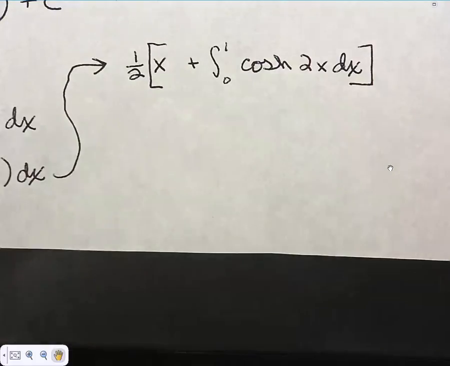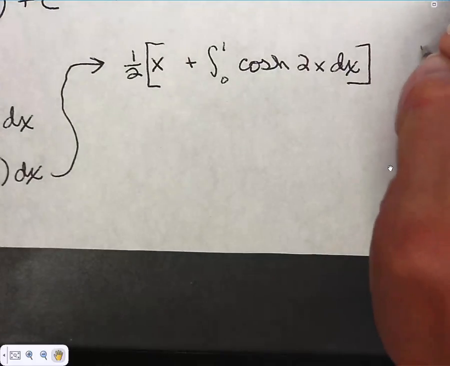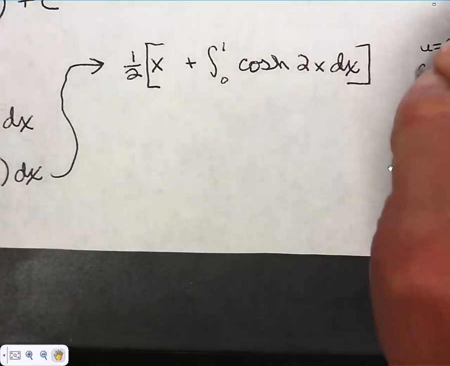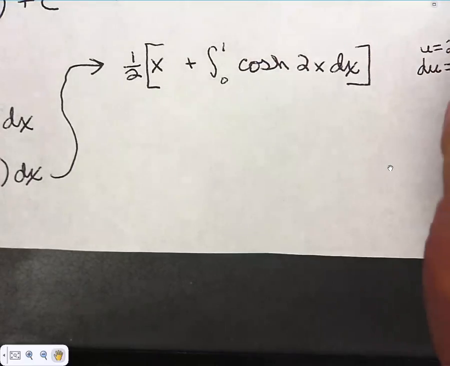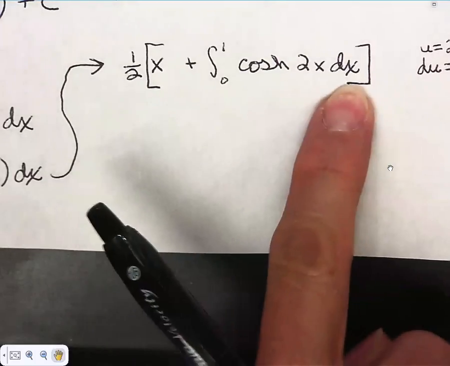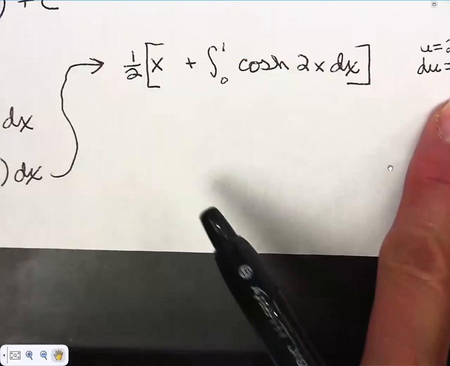All right, so you're thinking if u is 2x, then du is just 2dx, which only differs from this by that factor.